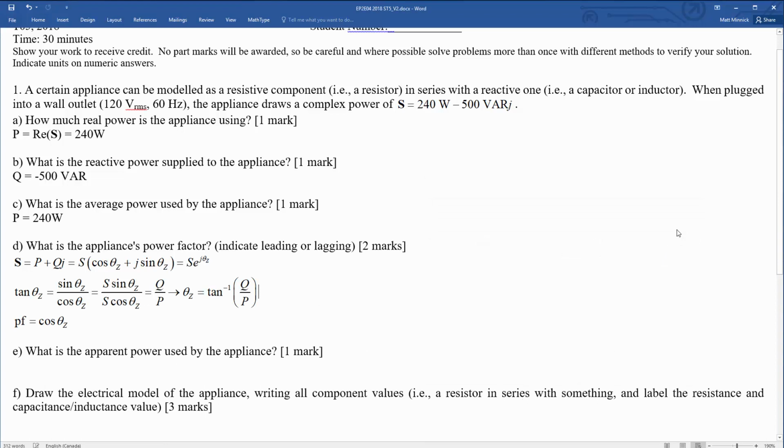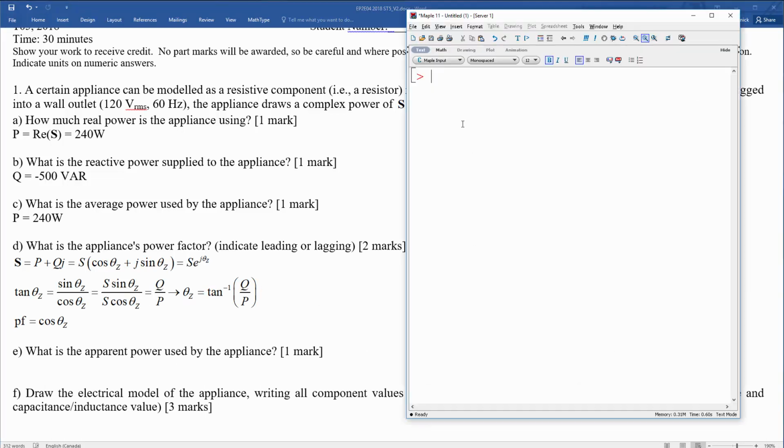Okay, so let's get some calculation going. We're going to need to write out what S is. Why don't we write out P as 240 and put a decimal there to force floating point later. Q is equal to negative 500.